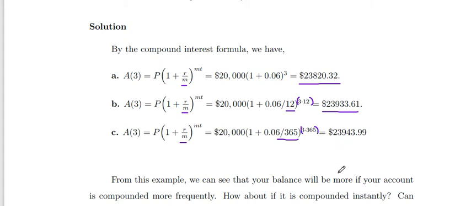So 3 times this is like the days in 3 years. How many days in 3 years? We have so many. Or we can also say if they calculate daily, how many times the bank should calculate. Okay, so we got this.